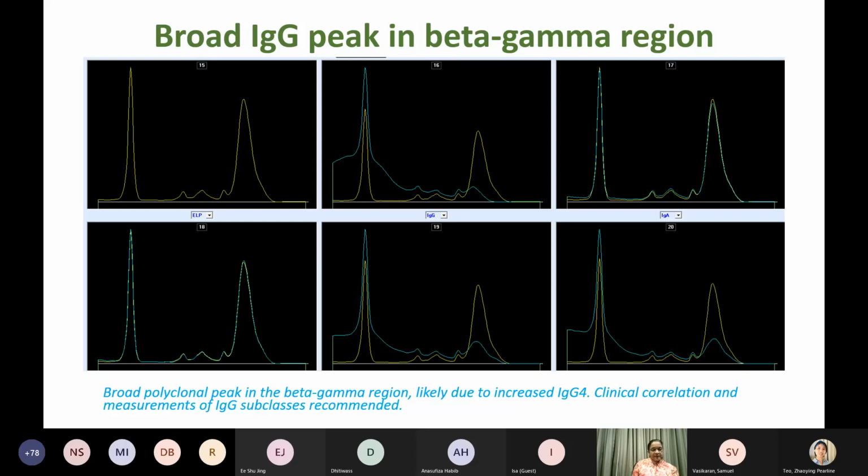We didn't have a lot of other information regarding this patient, but we called this a broad polyclonal peak in the beta gamma region, and we thought that it's likely to be due to increased IgG4 level, and we suggested measurement of IgG subclasses and clinical correlation.